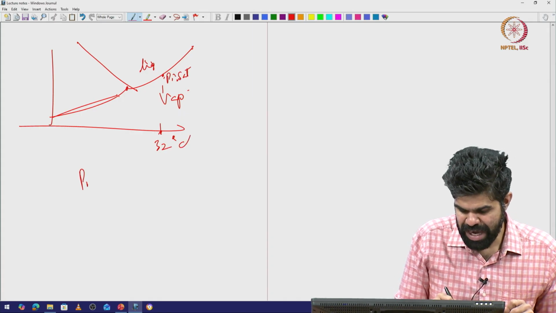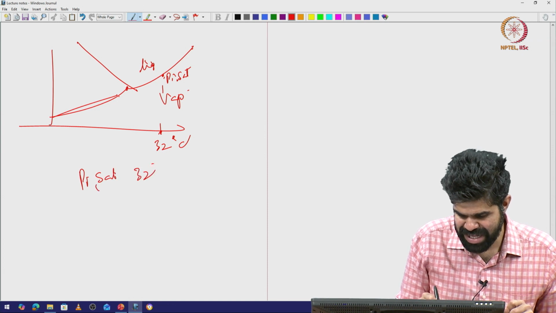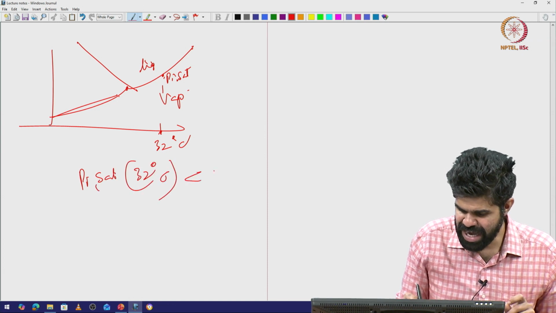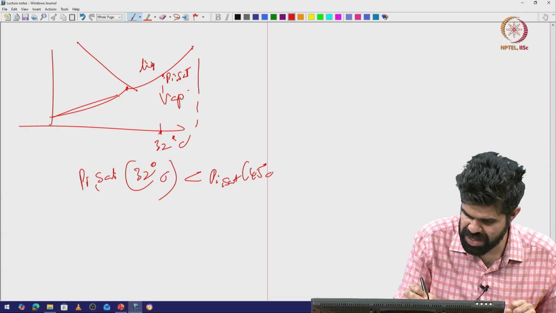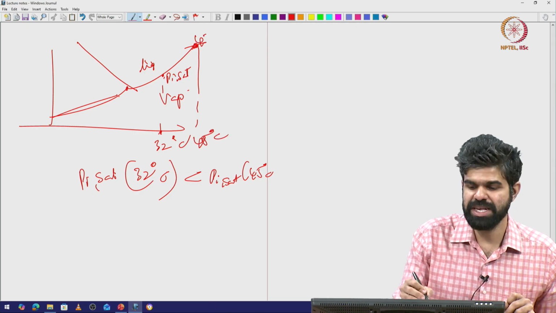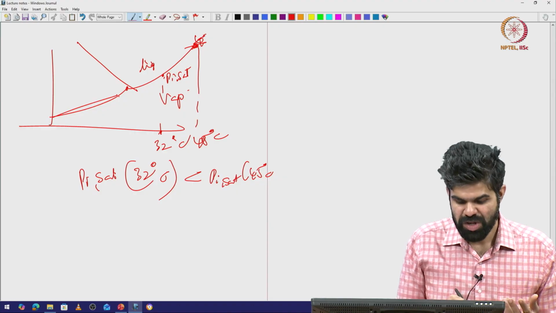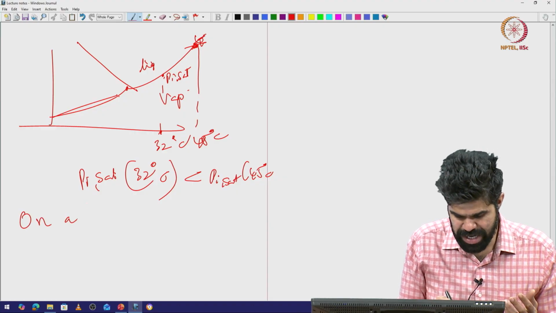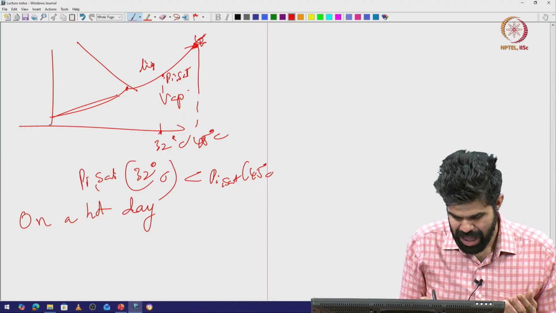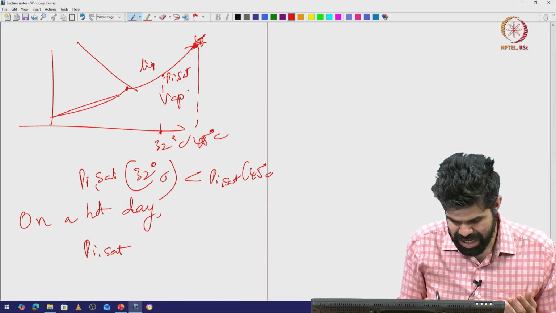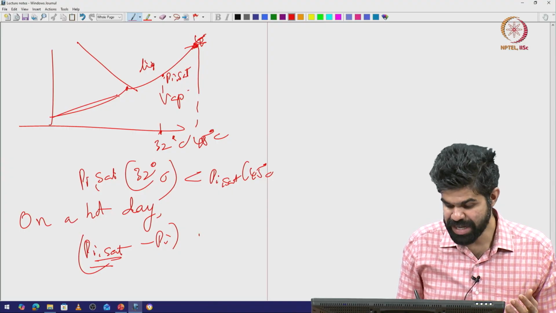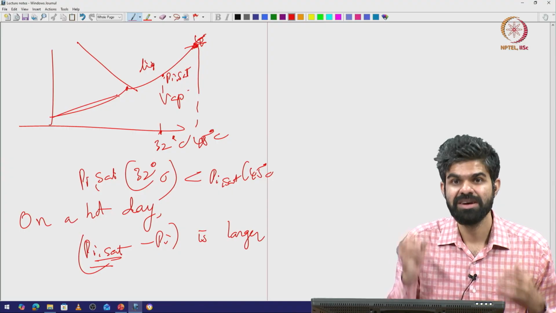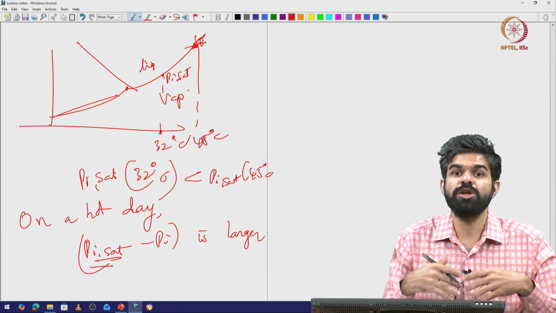Now, Pi sat at 32 degrees Celsius is less than Pi sat at 45 degrees Celsius. That is what this curve is saying. At 45 degrees Celsius the Pi sat is even larger. So, on a hot day my Pi sat minus Pi is larger, so on a hot day I dry my clothes faster.